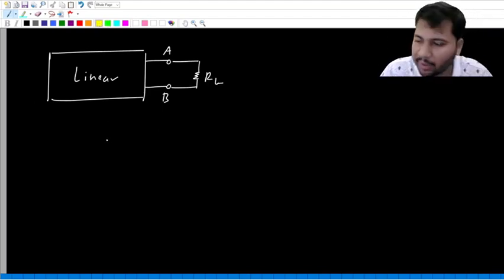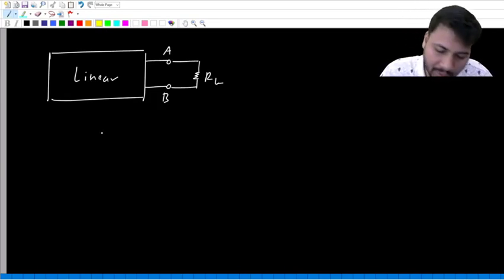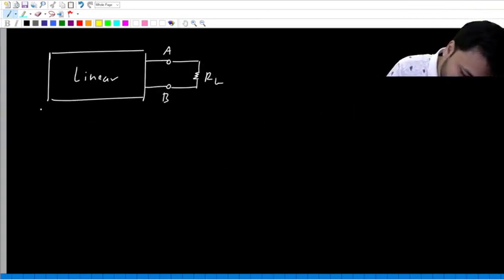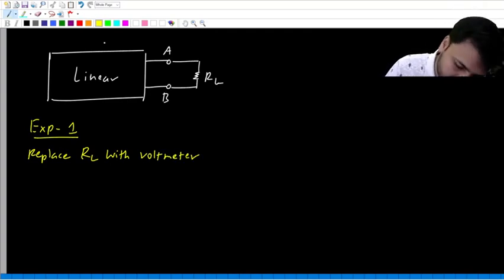So you can conduct two experiments, because finding the Thevenin equivalent means finding VTH and RTH. VTH means VOC. RTH means VOC by ISC. So you can perform two separate experiments. In the first experiment, we'll replace RL with a voltmeter.